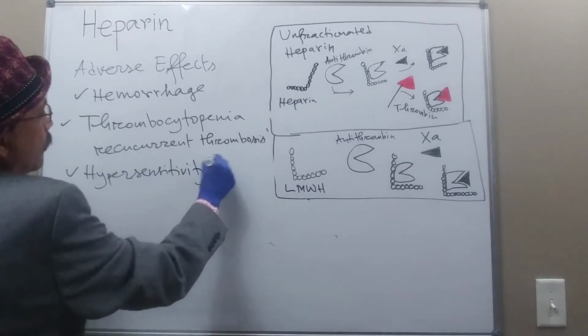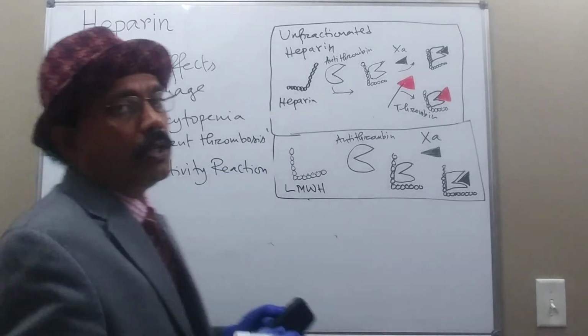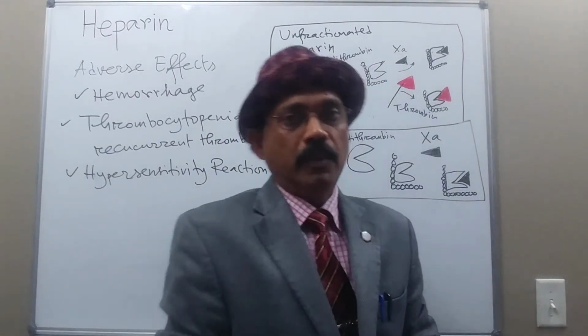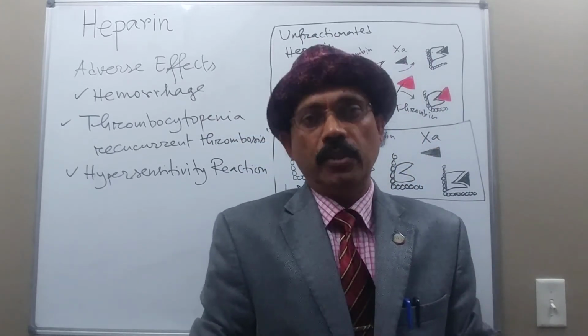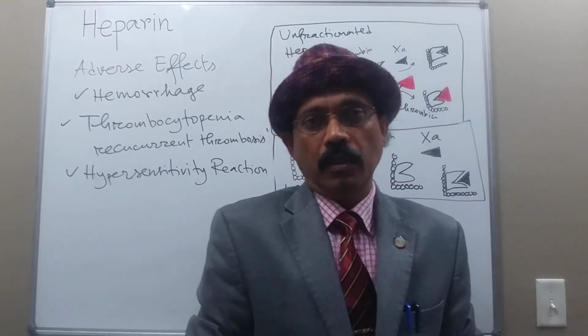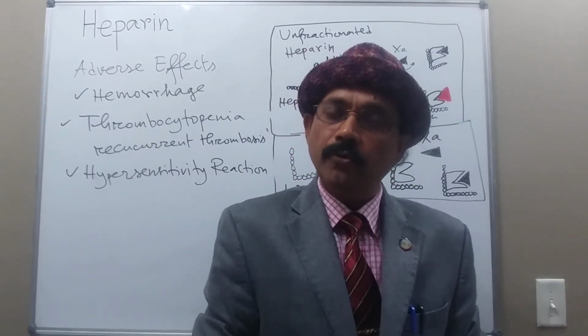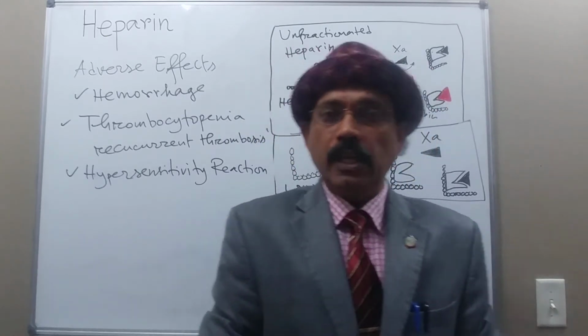Hypersensitivity reaction. Why does this happen? Because heparin is derived from the intestine of the pig, porcine. It is also derived from the lungs of the cow, bovine source. So porcine and bovine sources are animal sources.